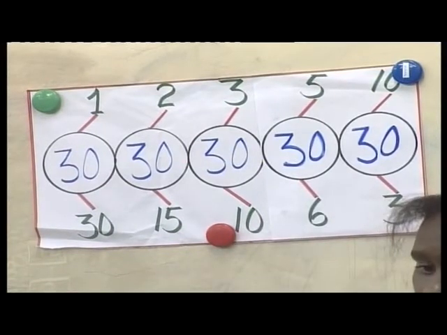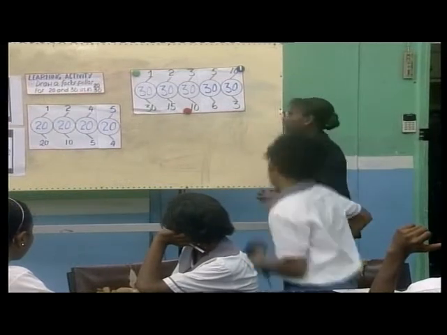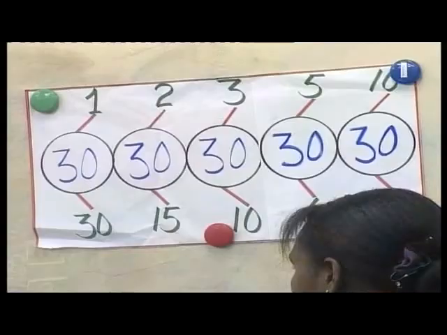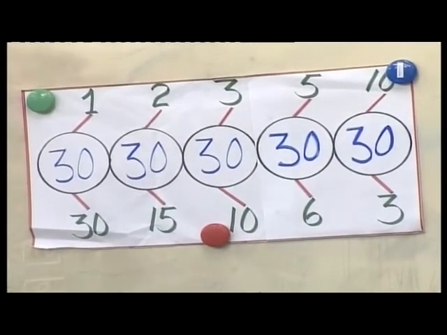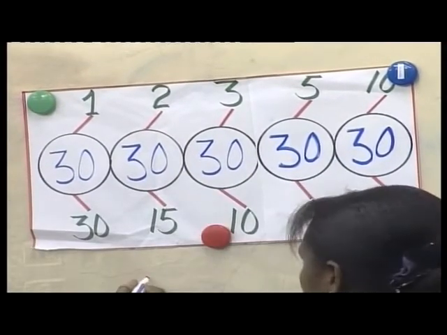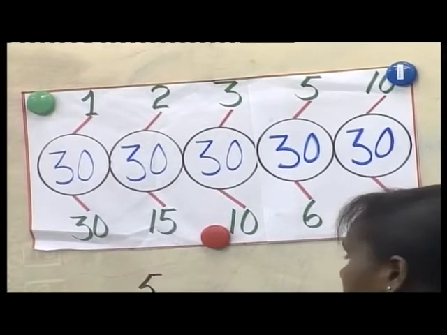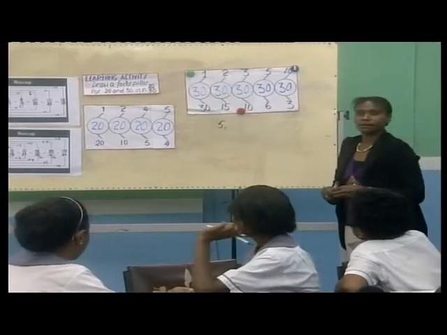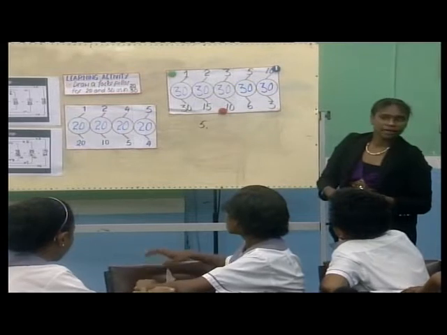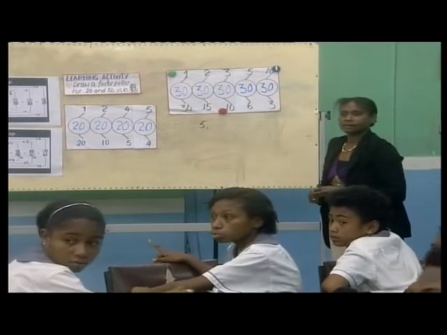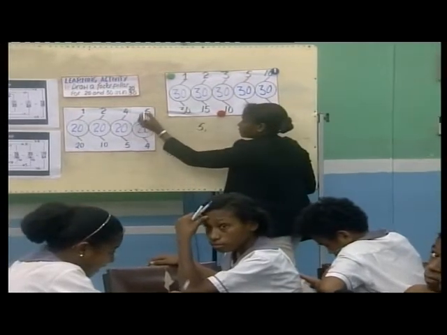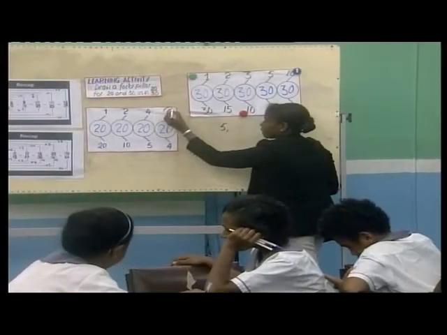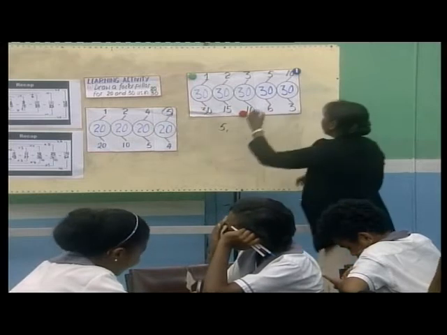Cornea? 5. Another one? Ellison? Okay, I will circle 5 here and 5 here.